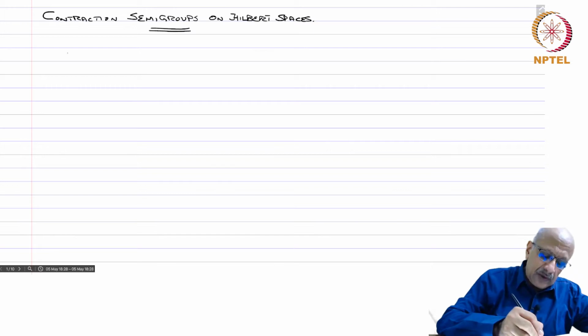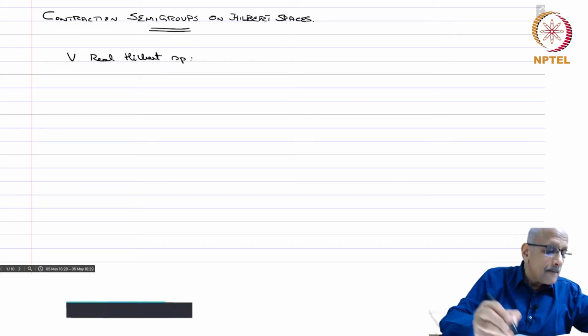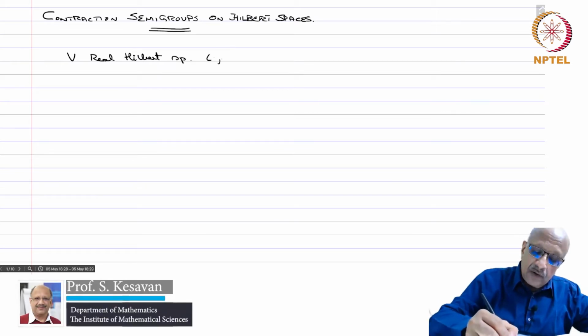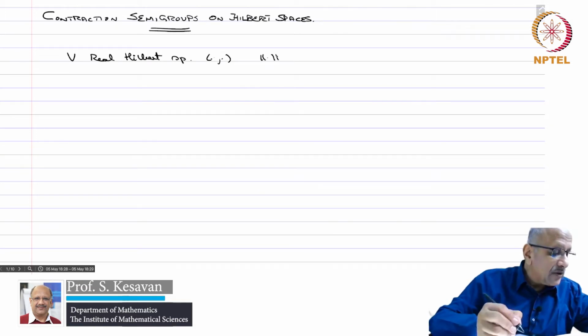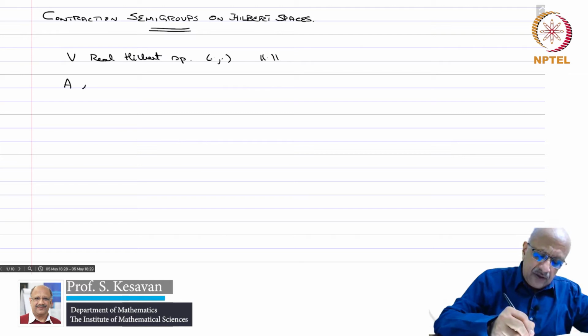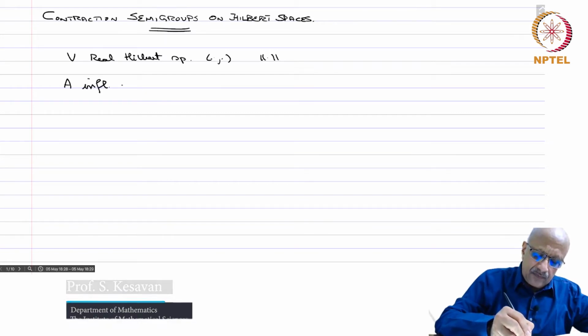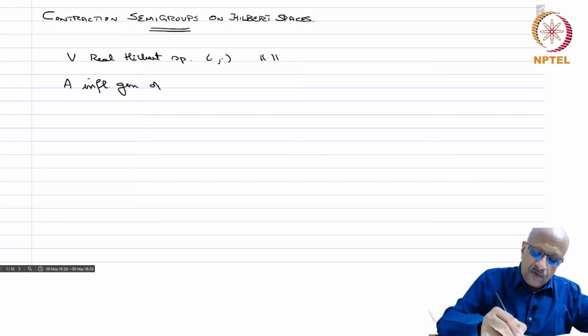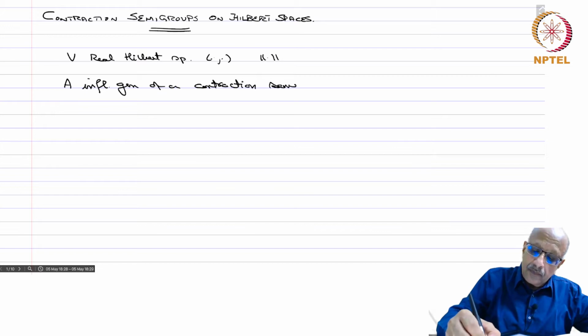So, we assume that V is a real Hilbert space, and the inner product will be denoted by this and the norm will be denoted by this, and A is the infinitesimal generator of a contraction semigroup S(t).